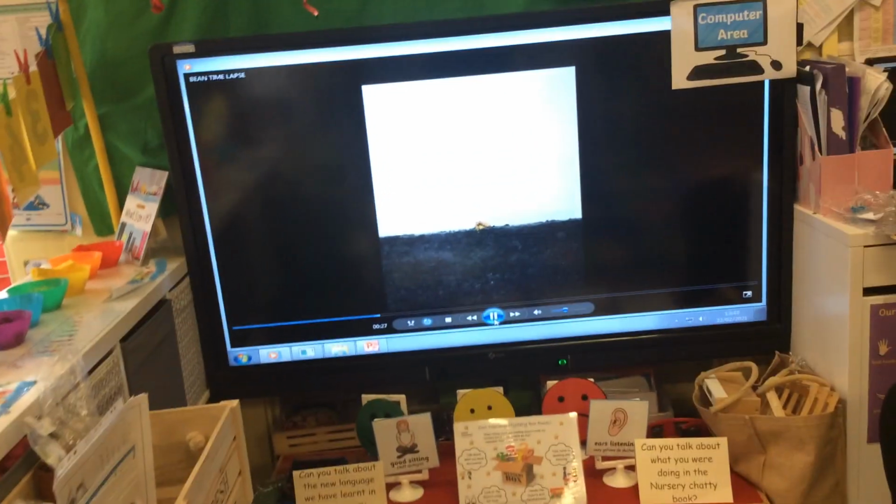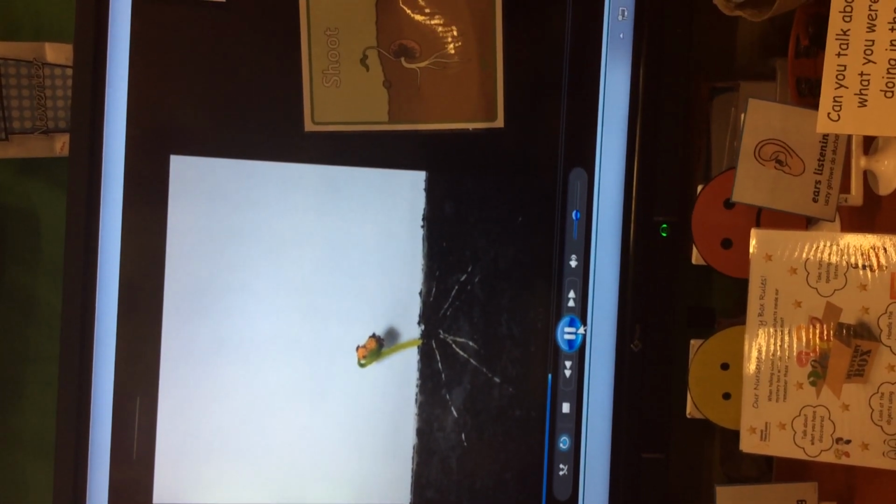You can see something happening on the screen, children. What can you see happening? I can see a root. Oh, now I can see a shoot. Wow.